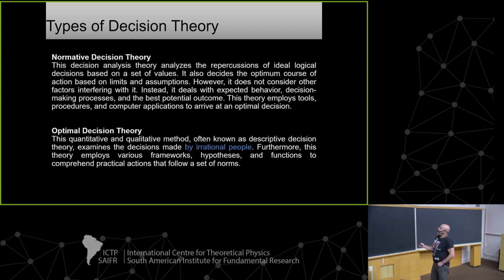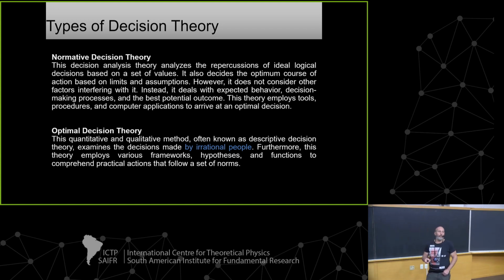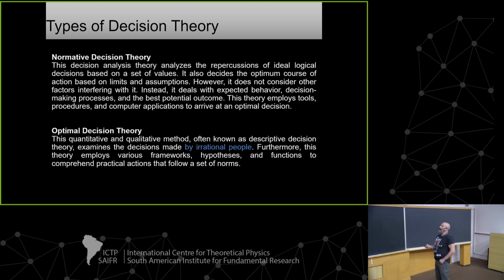The normative decision theory is what we are going to analyze here, and it considers that we have a rational human being, a rational decision maker. So in the normative decision theory, there are norms. These norms are based on a set of values, and it does not consider other situations that cannot be formalized in terms of rationality.